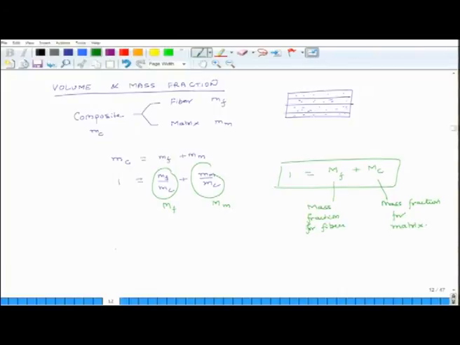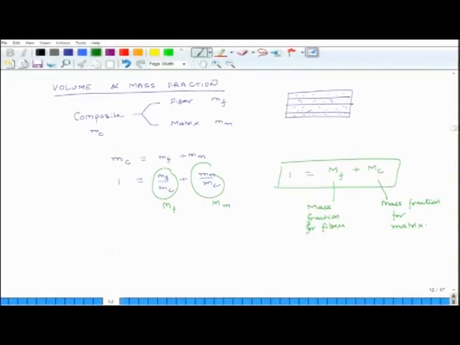Similarly, if you have a sample of composite, you can also have a similar relation for volume.